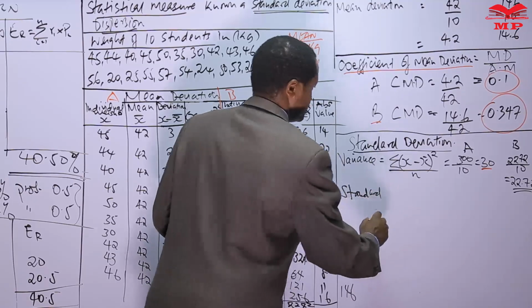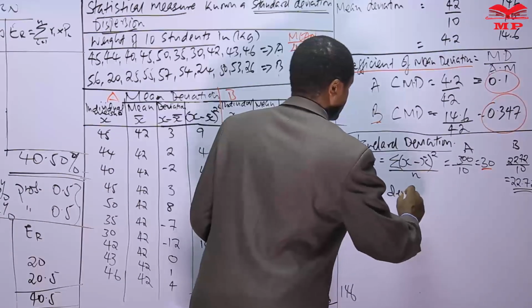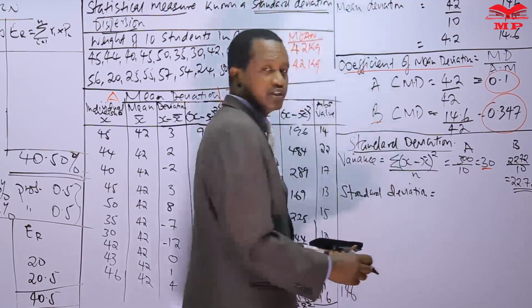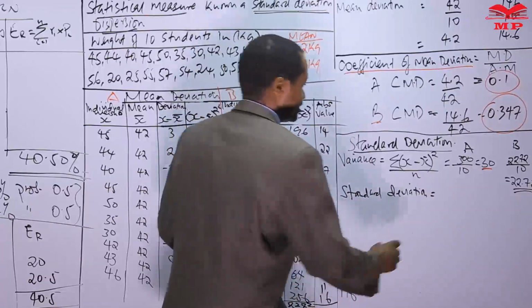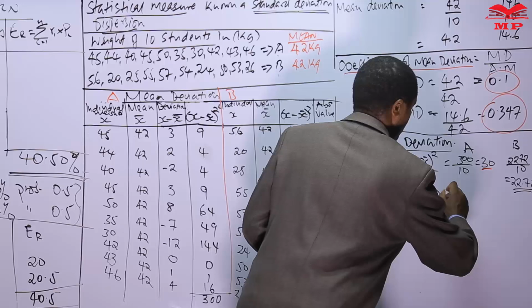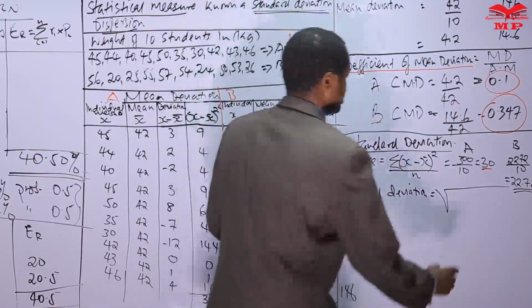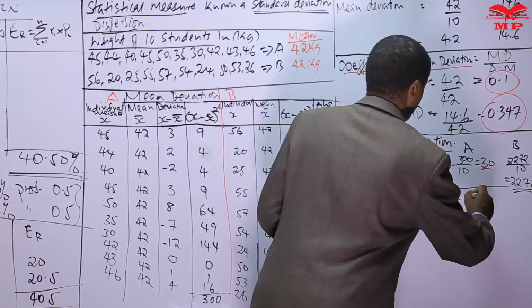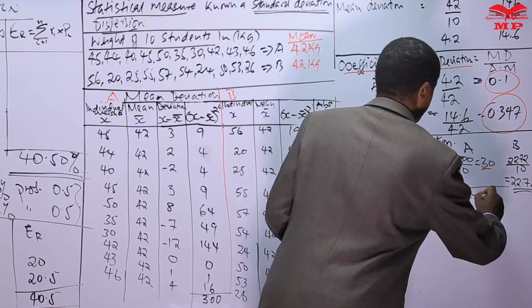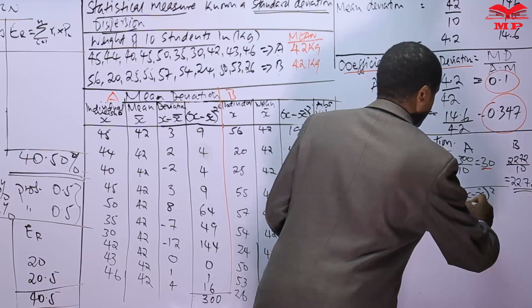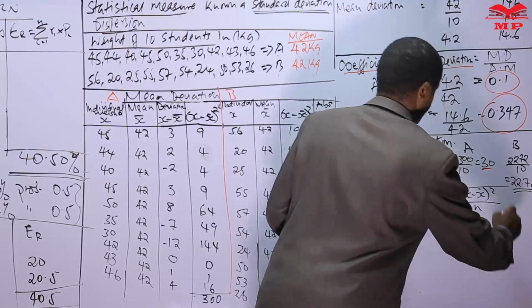Standard deviation. The standard deviation is derived by getting the square root of the variance, which is the summation of x minus x bar squared divided by n.